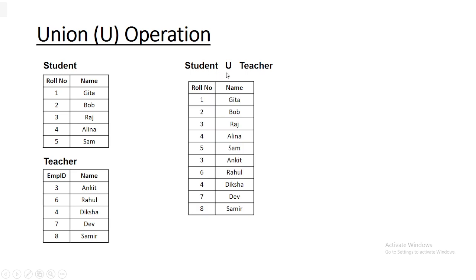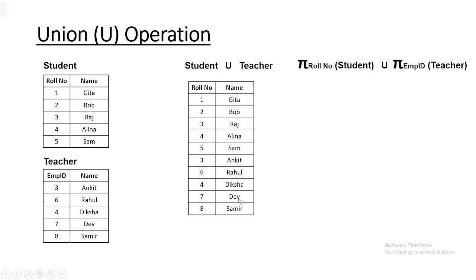If you perform student union teacher, which is the notation in relational algebra, it will give you this output because you're combining tables with two columns, and the combination of these two attributes makes a unique entry. That's why there is no duplication, and each and every row from both tables is merged together to give you this output.